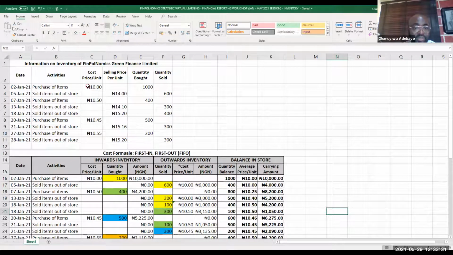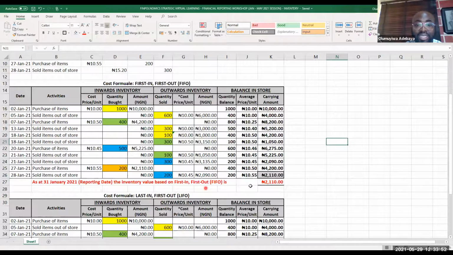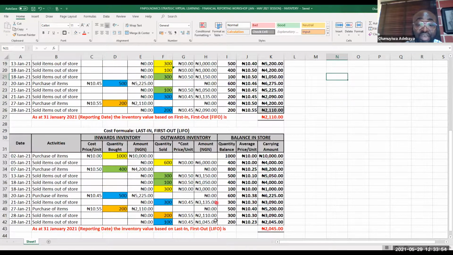From the economic perspective, inflation is part of what brings about economic growth and development, but it must be persistent. It's not skyrocket. That's why you find out that the price of items, no matter the condition of the economy, will always be increasing in amount. What that presupposes is that at the end of the day, if you have used LIFO, you will have your inventory value highly understated because of what?